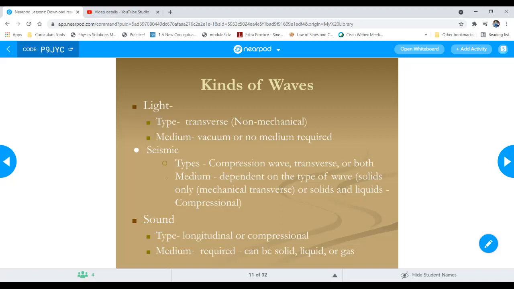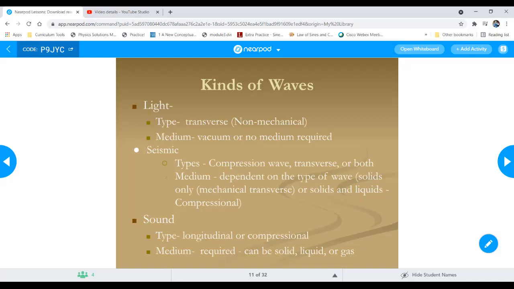Finally, we have sound waves. And sound waves are longitudinal or compressional waves. Those are the same things. Longitudinal, compressional waves, that's just two names for the same type of wave. It's like a slinky. If you've ever played with a slinky and it goes back and forth, or if you think about an accordion.